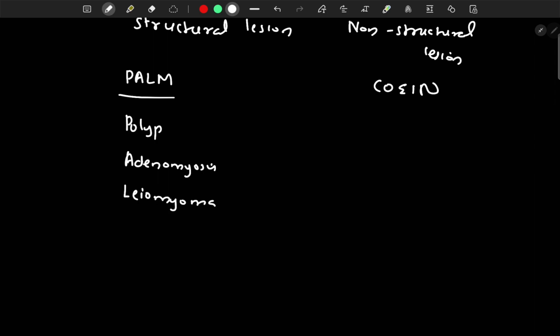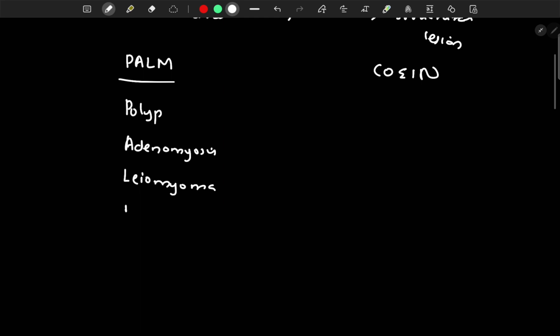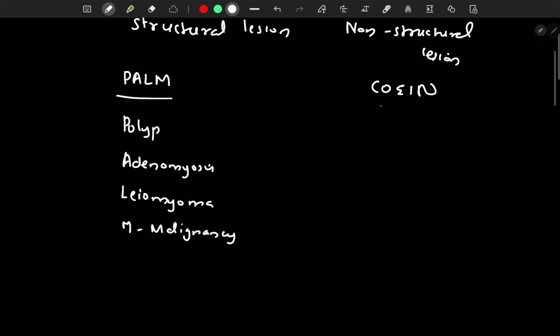So leiomyoma is the fibroid. M for malignancy and even hyperplasia.